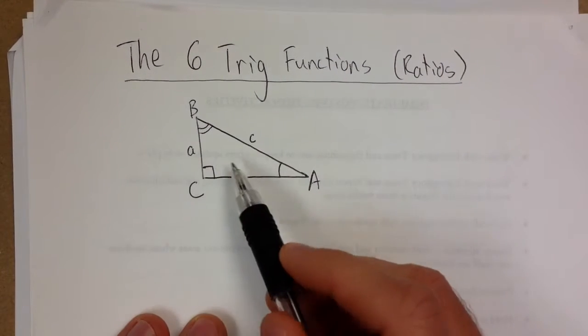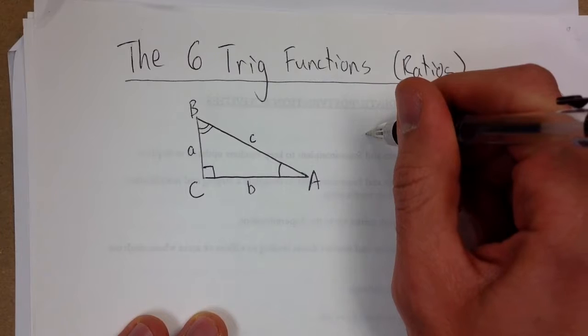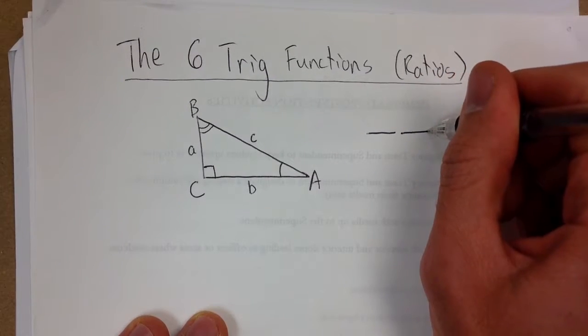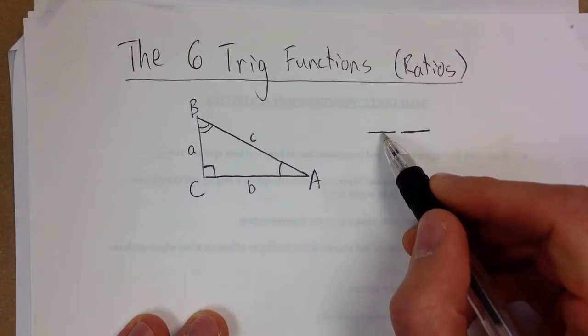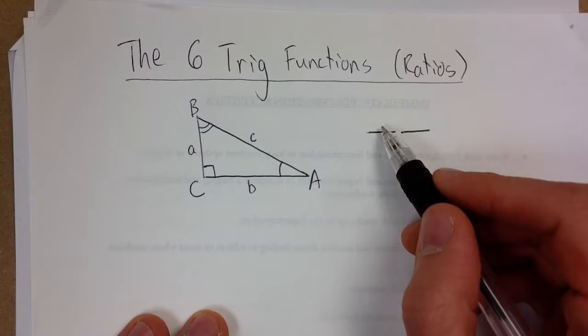You have 3 sides in any triangle, and ratios usually involve 2 things, so we're going to pick 2 sides at a time. If you like to explore combinatorics, the number of ways that things can happen, how many ways can the first side occur if you're picking sides?